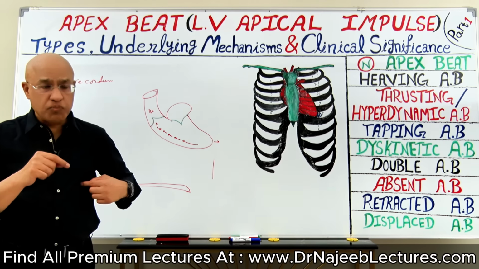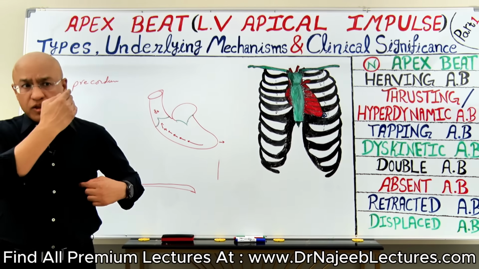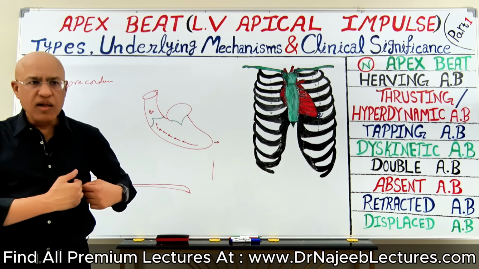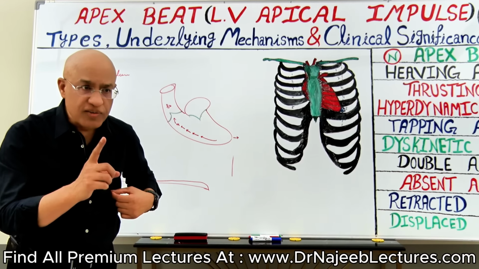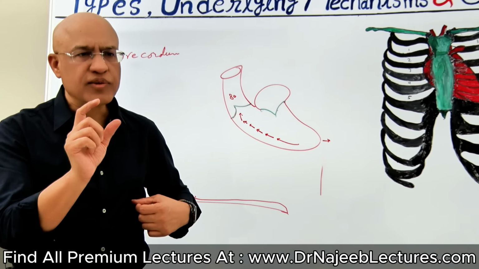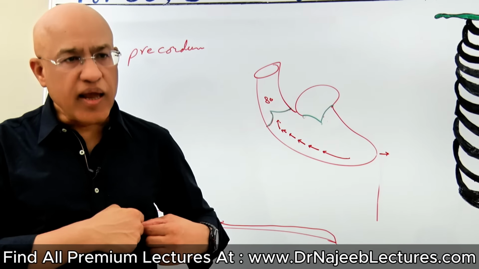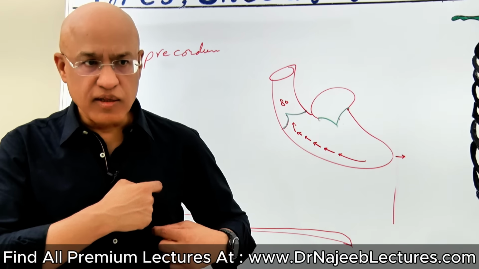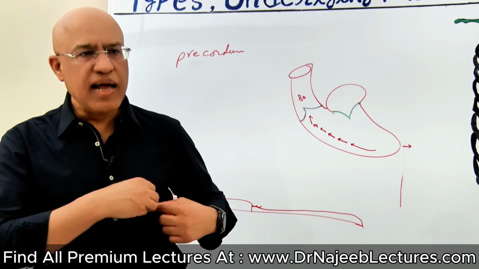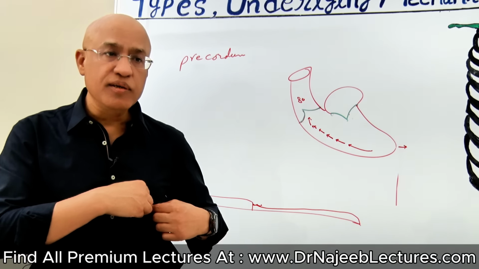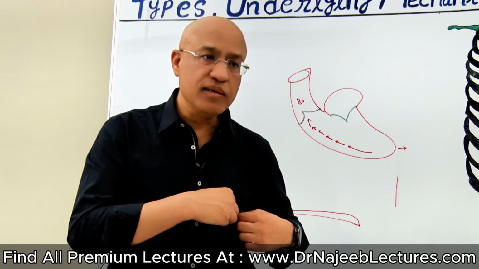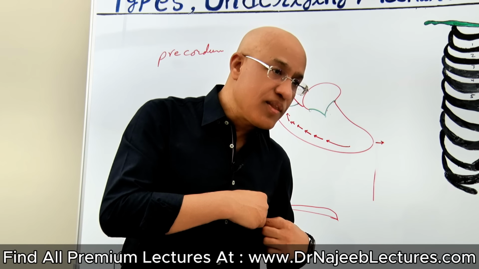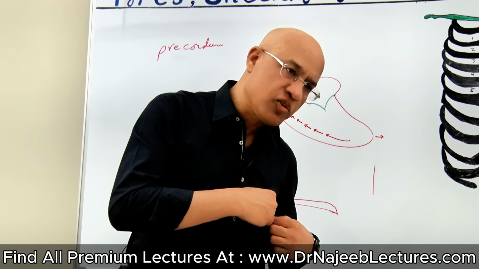And this point, right, in a normal adult is in the mid-clavicular line in the fifth intercostal space, usually less than 3 centimeter square in area, and in children it is slightly superior, usually in the fourth intercostal space, and it can be best palpated when the patient is lying in the left lateral decubitus position, and at the end of expiration.